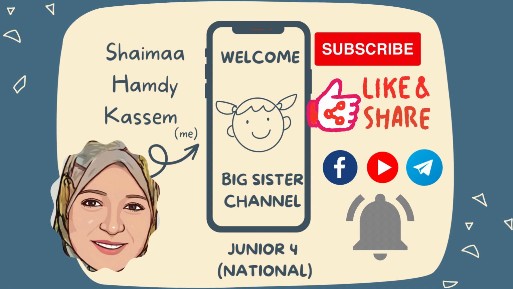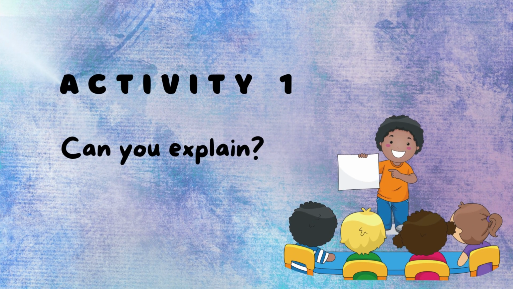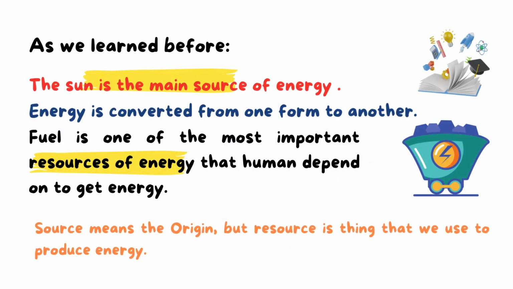We have a very nice lesson, very easy, and all the information you studied before, okay? So let's enjoy our lesson. First, we have activity 1, okay? As we learned before, the sun is the main source of energy, and energy is converted from one form to another, okay?